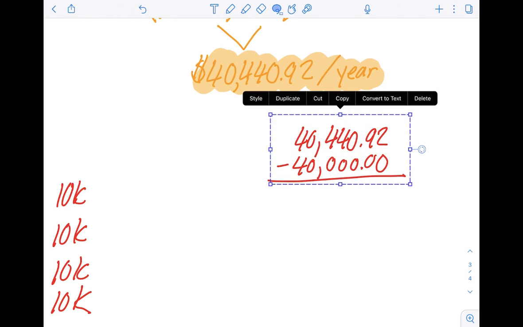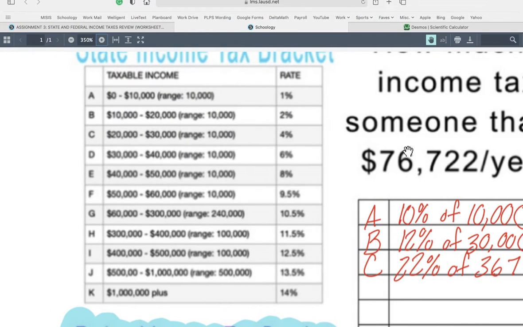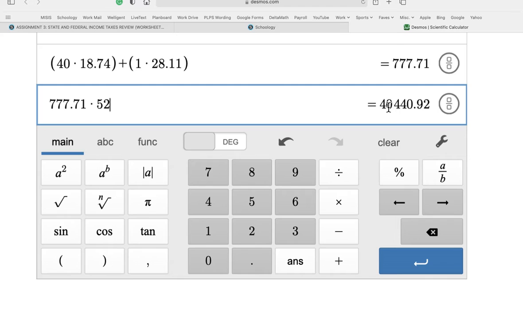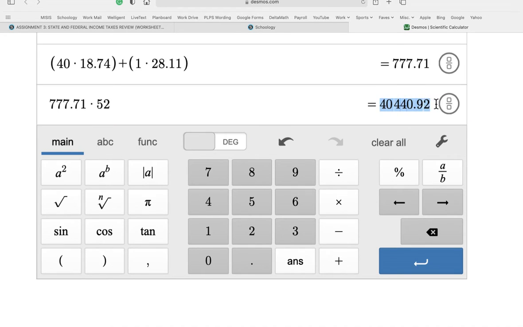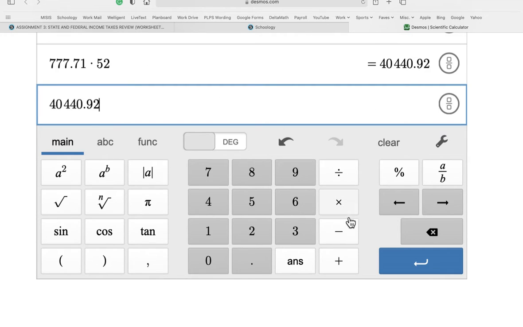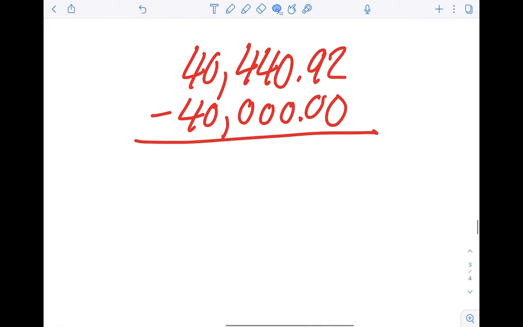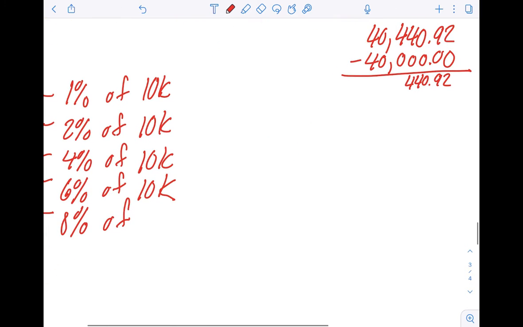I have to subtract that in the calculator. Oh, perfect, it's already here. So I'm going to copy this, hit enter and paste. Minus 40,000. That gives 440.92.